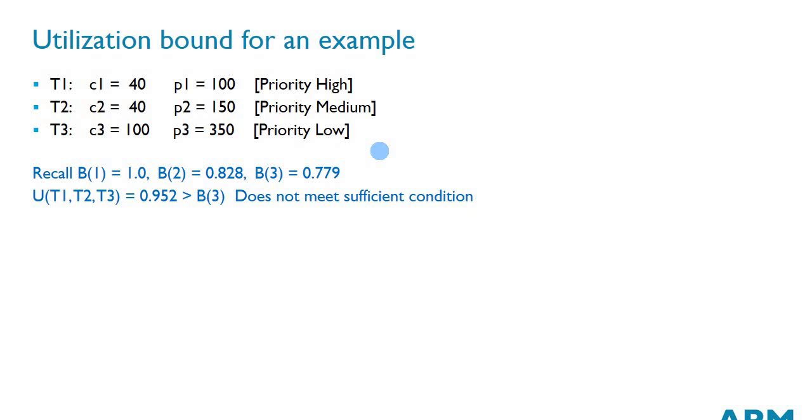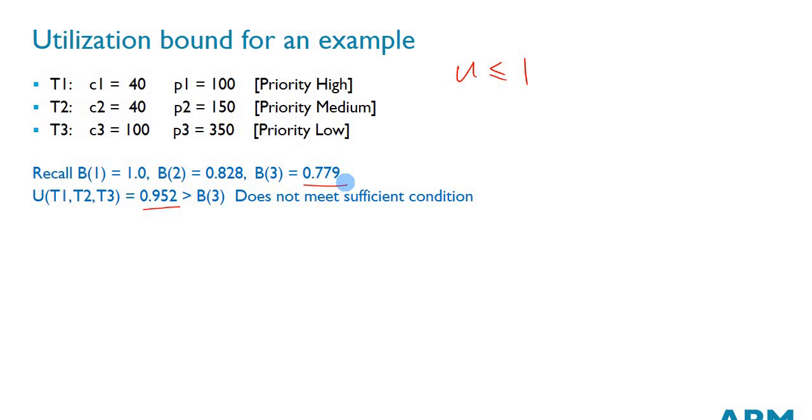The utilization, if I calculate this, is 0.952. So I fulfill the necessary condition, which is that the utilization must be less than or equal to 1, but I do not fulfill the sufficient condition. The sufficient condition is that it must be less than or equal to the utilization bound. The bound for 3 tasks, all these are fixed numbers, is 0.779, and it does not meet the sufficient condition. So what can I do?